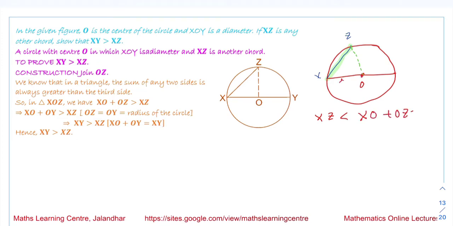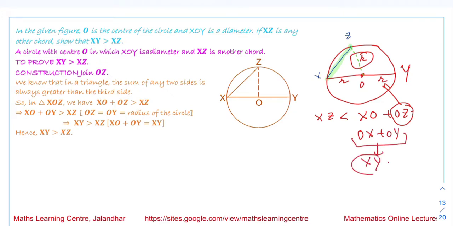Now if R is the radius, this is R and this is also R. So I can replace OZ with OY, so it becomes OX plus OY, and this length is the length XY, that is the diameter. So if any chord is given to us, out of all the chords, the diameter is the longest chord for the circle.